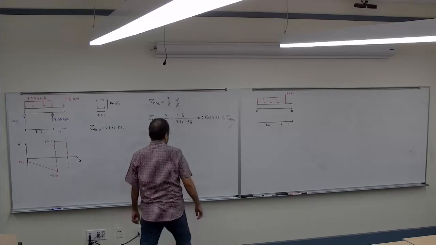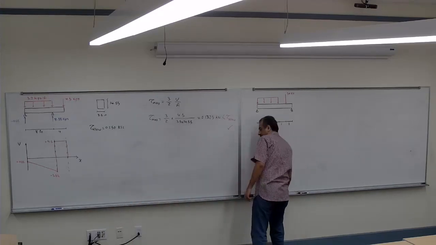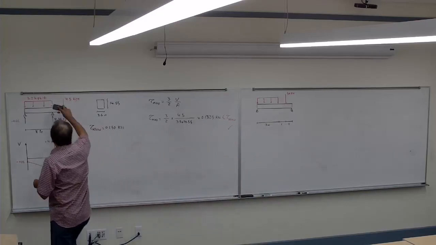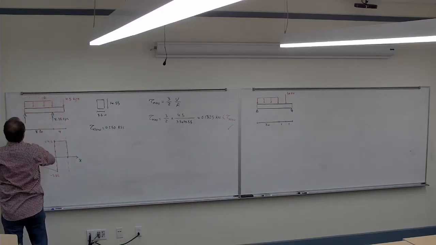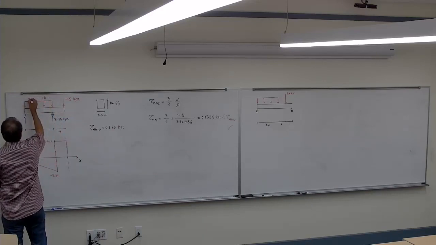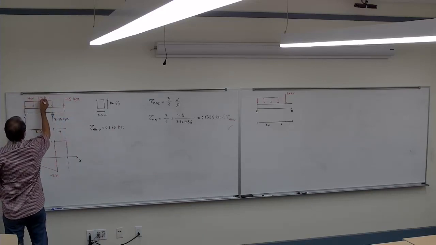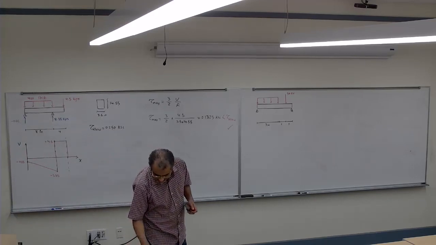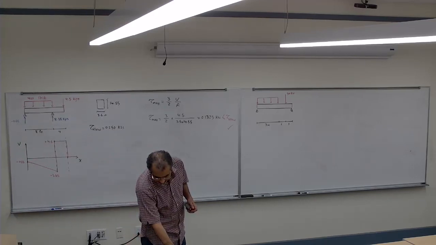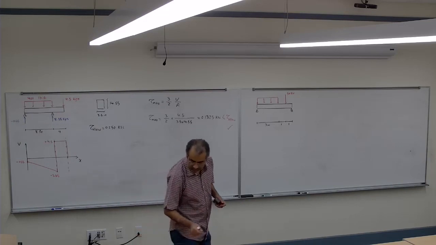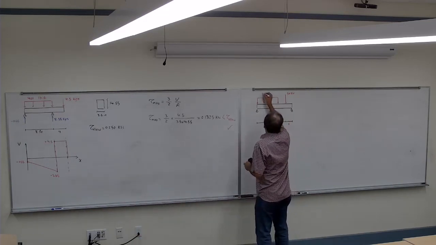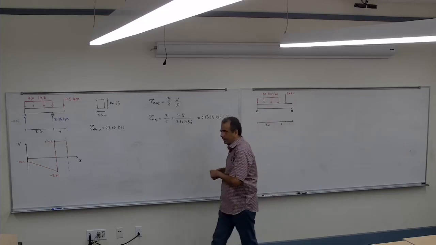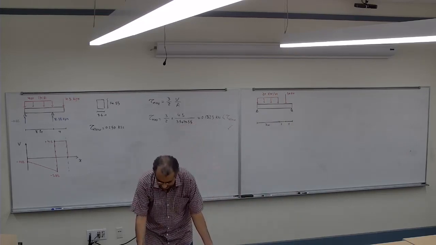That was 400 pounds per foot, and this one is 20 kilonewton per meter. So these are the examples we have.